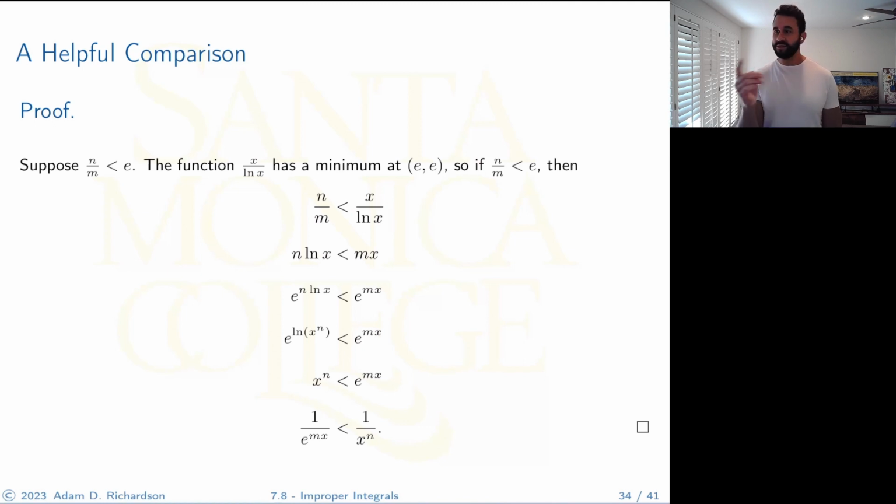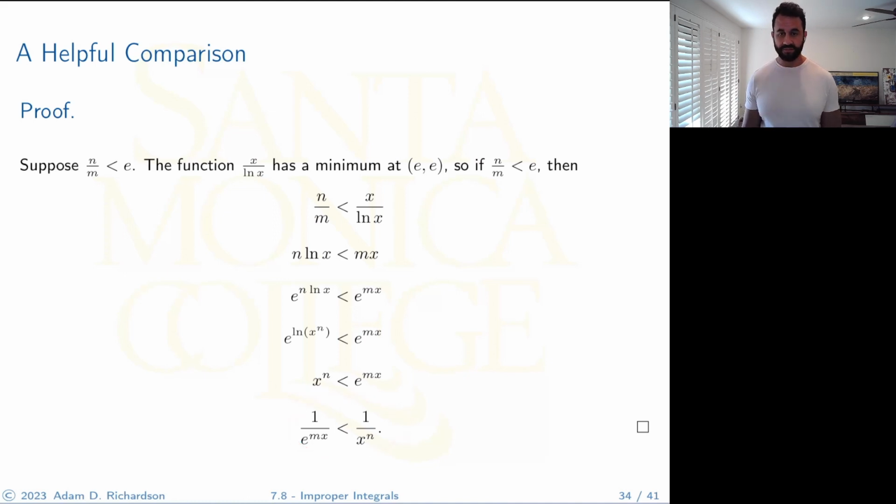Okay, now you just do some clever algebra, multiply both sides by m, exponentiate both sides with a base of e, and then here's that little clever trick, right? This is rewriting any exponential with a base of e. It's using that technique right here. So this is just x to the n. This is e to the mx still. Then when you reciprocate, you get this. Or when you cross multiply, you get this.